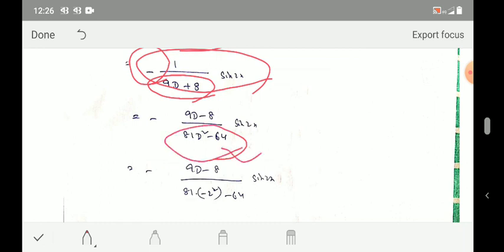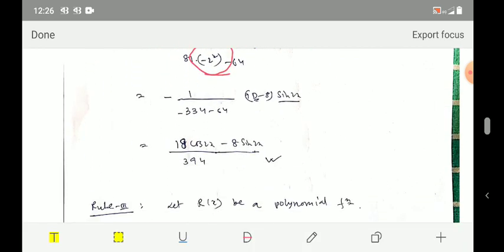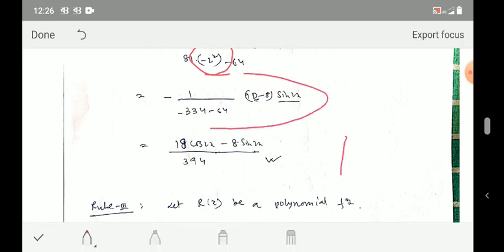Then when the denominator becomes a function of D square, I can put minus 2 square by replacing D square. That is, in that case there is no term of D in the denominator, and then I got this is a constant, and (9D minus 8) sin 2x.